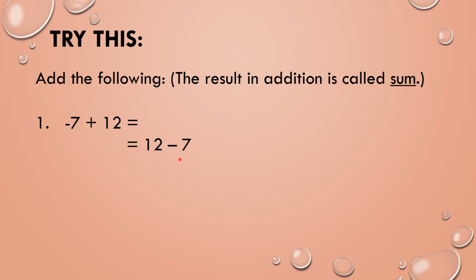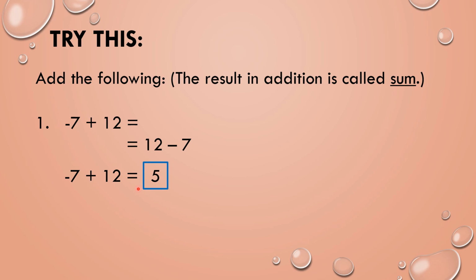Paano naging 12 minus 7? Yung 12, since iyon ay pera, isusulat natin doon, positive 12. And then, yung 7, since ito ay utang, ilalagay natin minus. So isipin natin na magbabayad tayo ng 7 pesos. So 12 minus 7. And the answer, or negative 7 plus 12 is equal to positive 5.